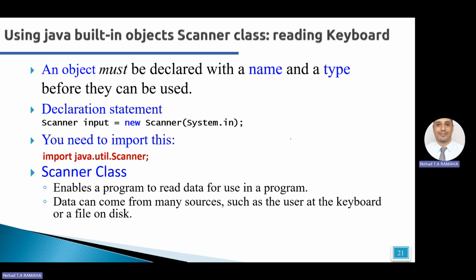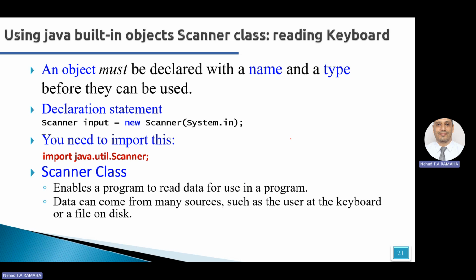To read data, we can use a class that exists in the Java language. It's named the Scanner class, okay? The Scanner class has some methods that allow you to read different types of data, like integer, like string, and so on, from the keyboard.